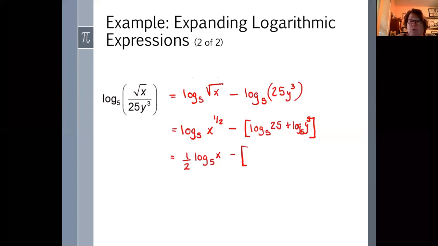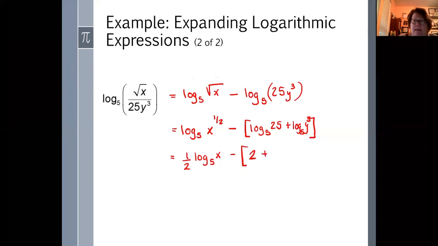What would you raise the number 5 to get 25? That's what the logarithm is. The logarithm is the exponent you raise the base to get the value that you're taking the log of. So 5 squared is 25. So the log base 5 of 25 is 2.